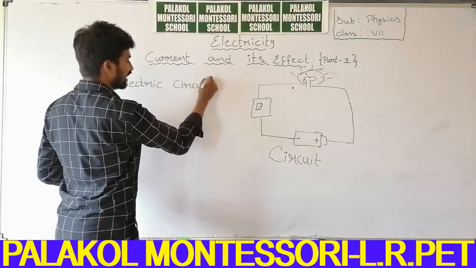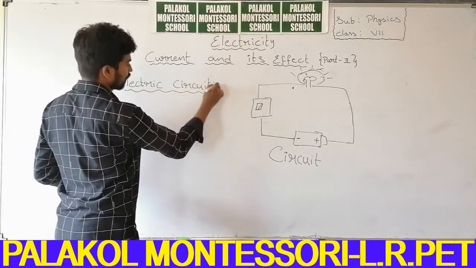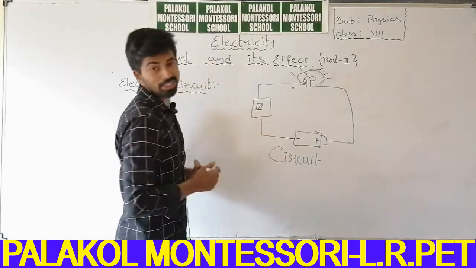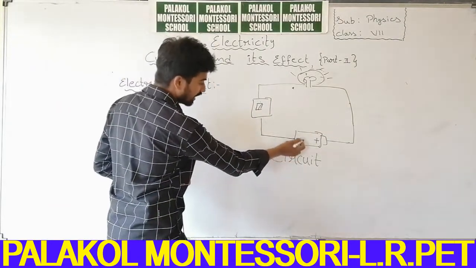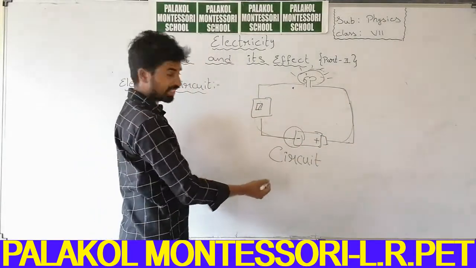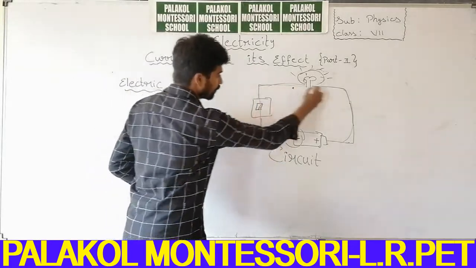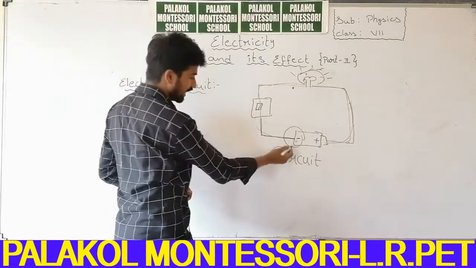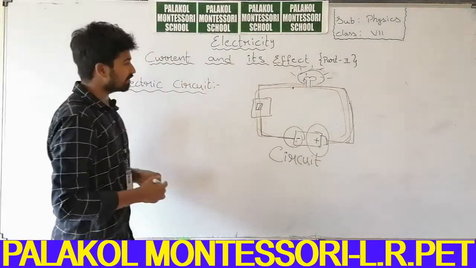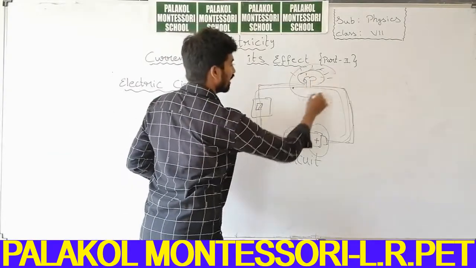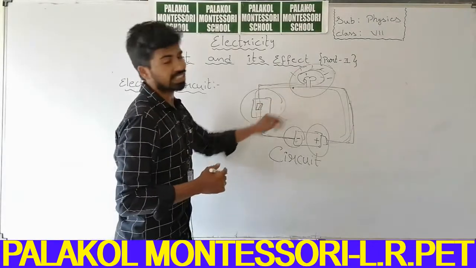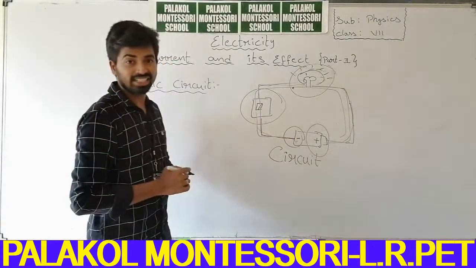So what is the definition of an electric circuit? An electric circuit is a closed path connecting the terminals of the battery. Here, if you observe, I was connecting the negative terminal of the battery to the positive terminal of the battery with some wires, and I was using some electric components, which utilize electric energy.